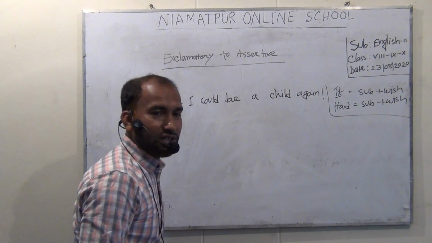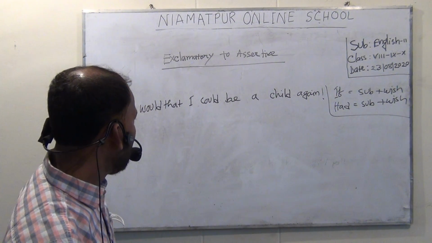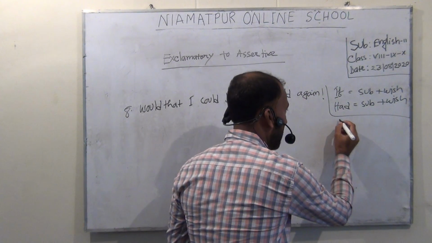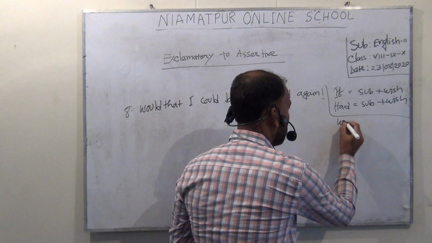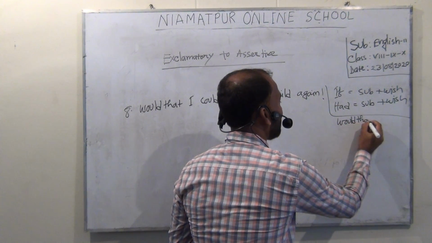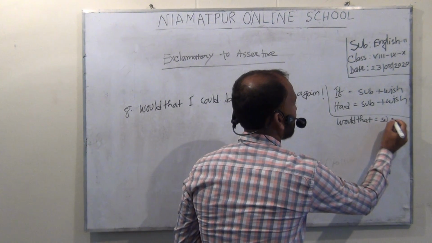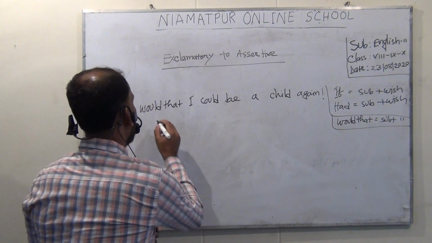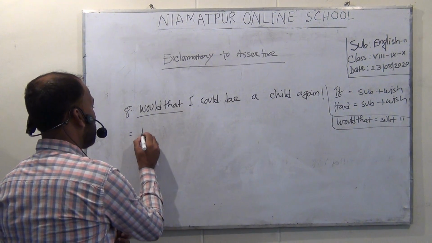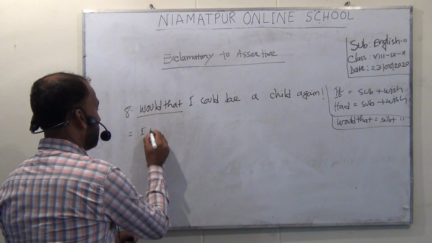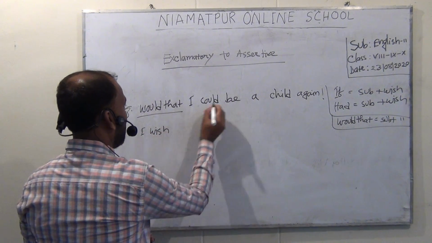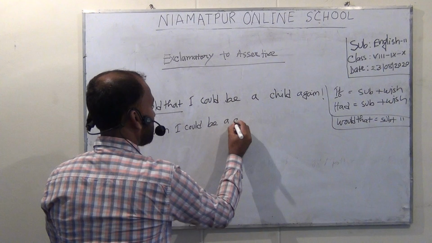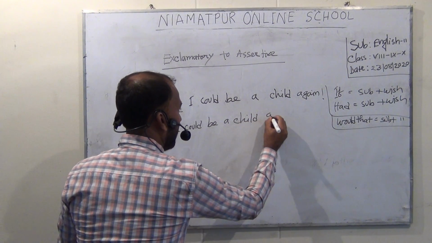This is also an exclamatory sentence, and this time we can use the same way: would that is equal to subject plus wish. So we can write down subject, I wish I could be a child again.